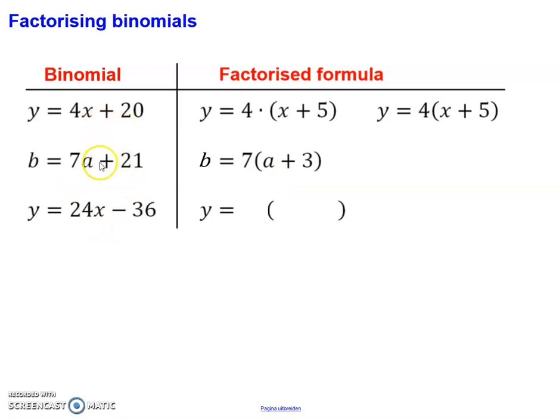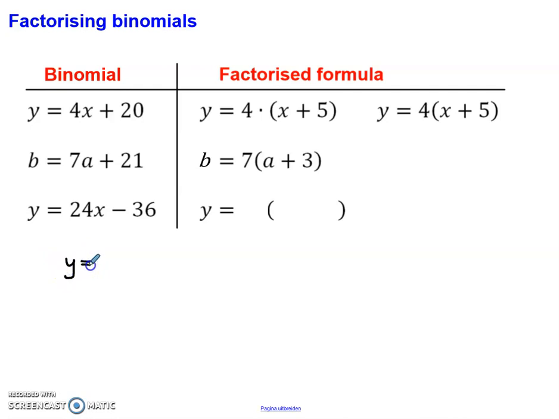Both examples only had plus, but you can also have binomials with a minus. So let us take a good look at this one. Well, it's good that you look for the common factor, but there are a lot of common factors with these numbers. For example, both terms can be divided by 2. So when I'm going to factorize, I could do this.